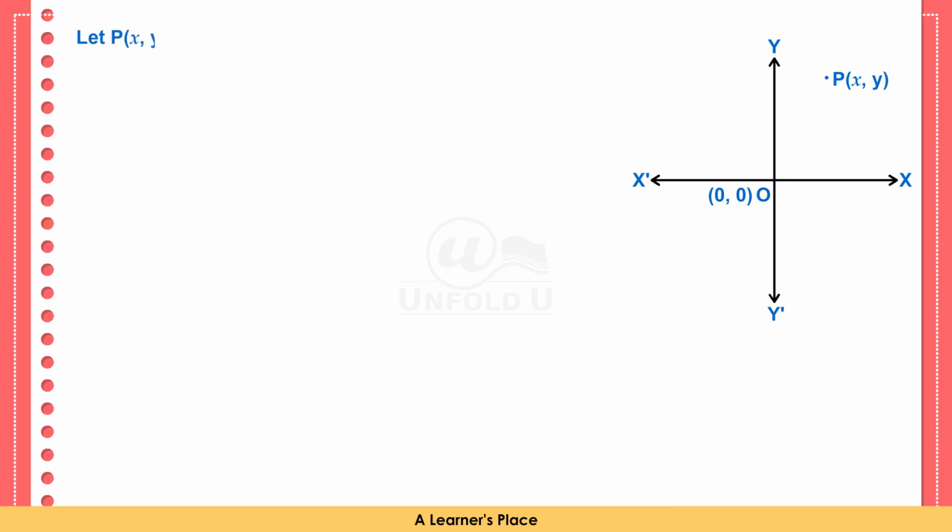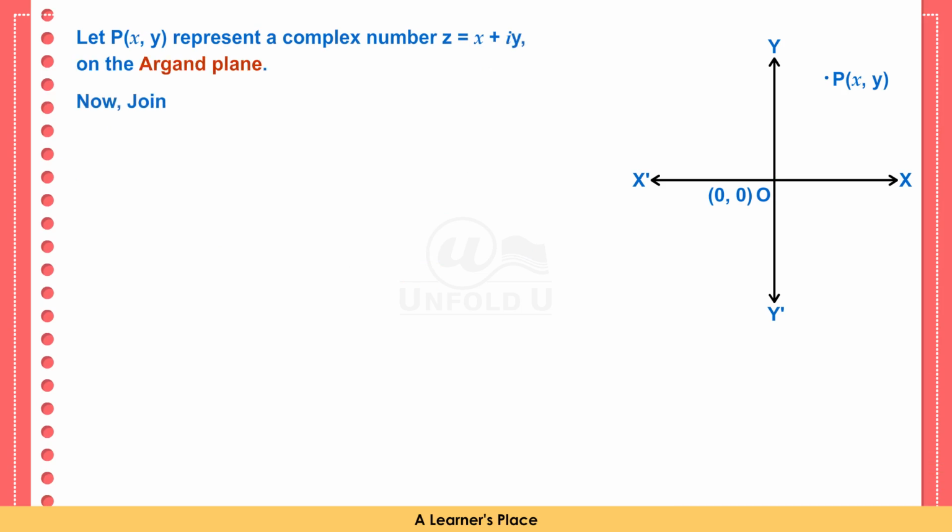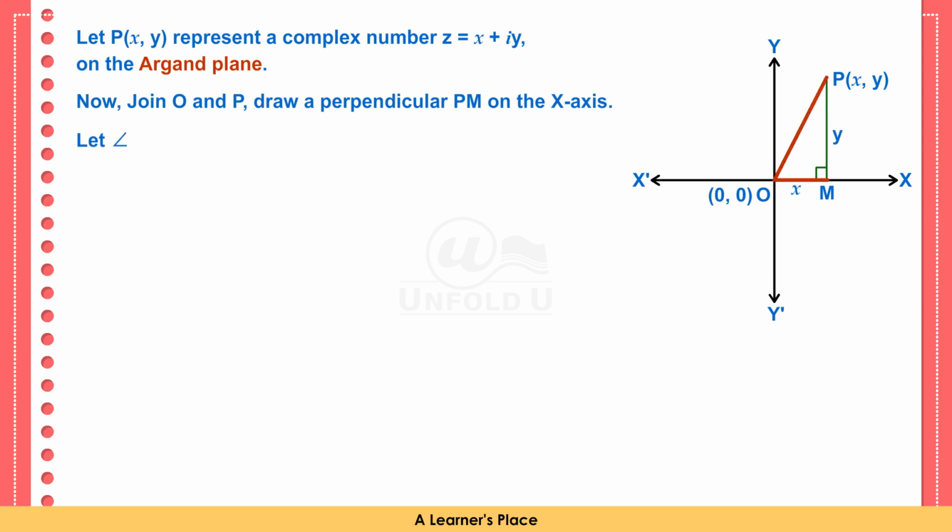Let point P represent a complex number z is equal to x plus iota y on the Argand plane. Now join O and P. Draw a perpendicular PM on the x-axis. Let angle POM be equal to theta and OP be equal to r.